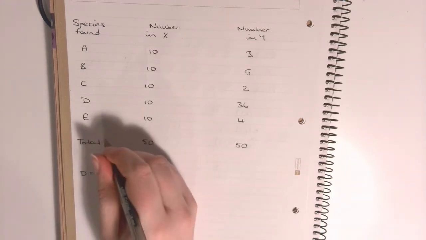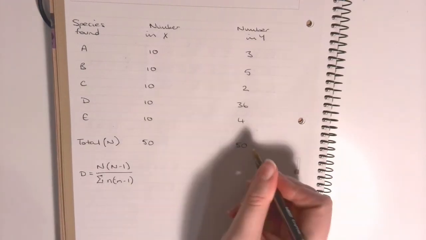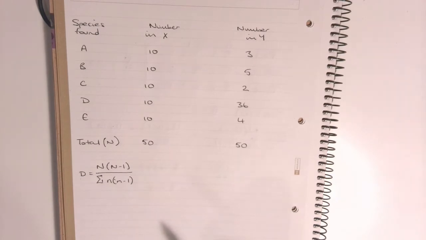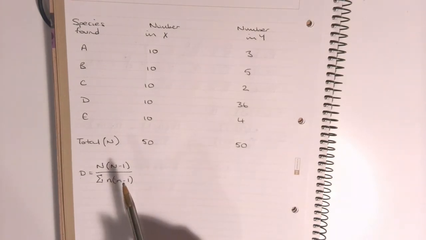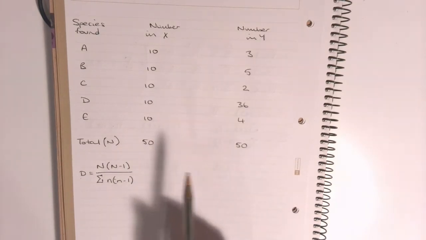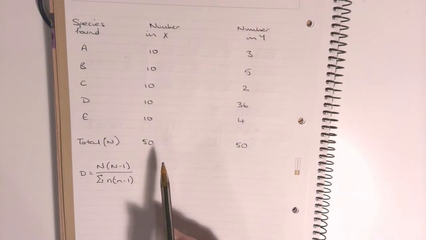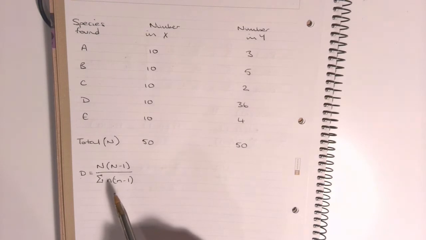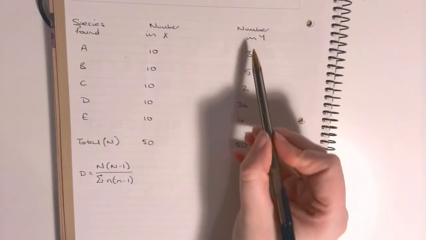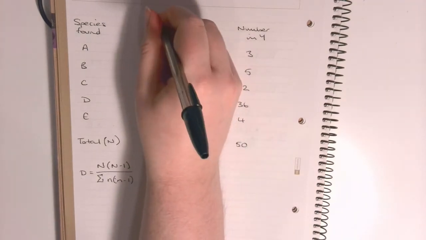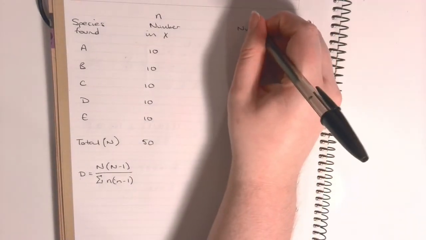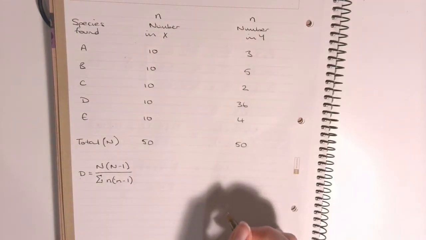Our total, the capital N, is 50. So when we work this out, our top lines are going to be identical for both equations, so we only need to work that out once. And then the little n is the number of each individual species, which are these numbers here. So I'm just going to add a little n above there to remind us that that's what those are.